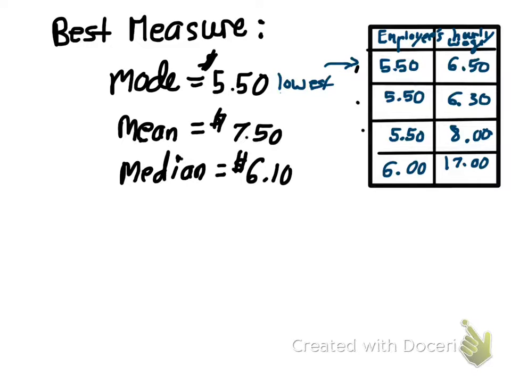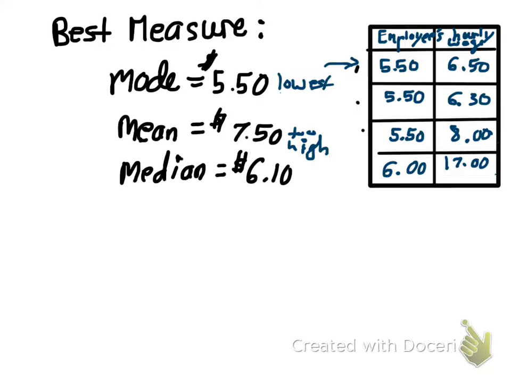The mean, 7.50, is well above the hourly wage of all but 2 workers. There are 2 workers who get 8 and 17, so they get above 7.50, but most of the others are working below that amount. Most of them are not getting paid 7.50. So it's too high. It's influenced by that outlier, 17.